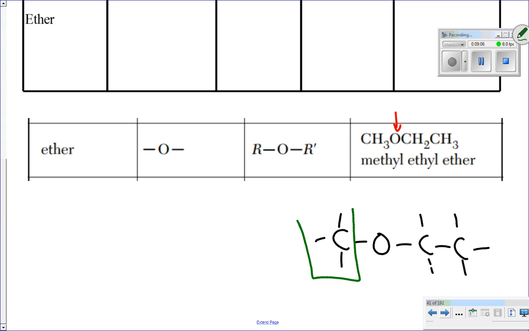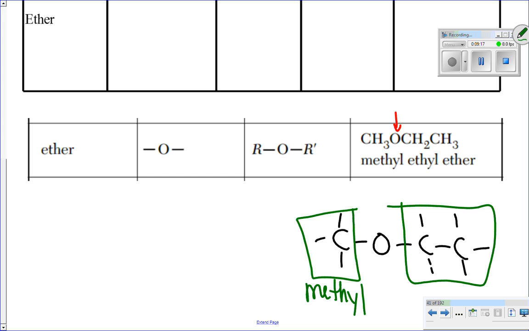As you can see, you have a 1-carbon group over here that when we named the alkanes, we called this substituent a methyl group. Over here, we have a 2-carbon group that we would have called an ethyl group. So we're going to call this methyl ethyl ether. We put the methyl first simply because there's fewer carbons in it. So that just tends to be how this is done.